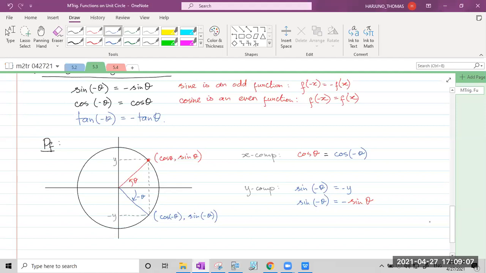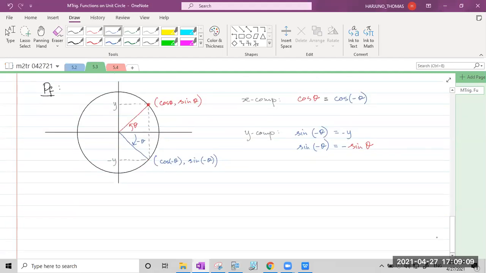Now let's use this to answer some questions from our book. For example, number 18a. What is the value of sine negative 3 pi over 2?